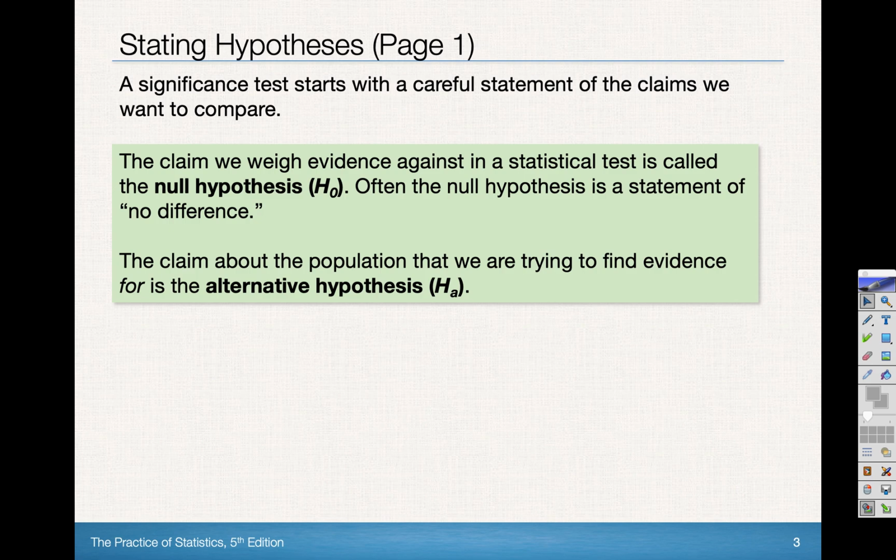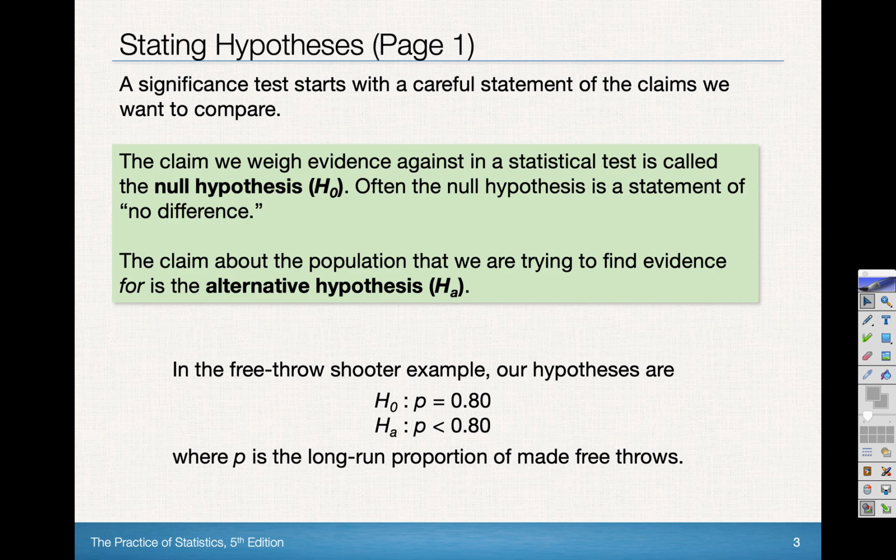An alternative hypothesis is where we're trying to find evidence against the null. Okay, now an alternative hypothesis could be one-sided, it could be two-sided. So in our example that we're going to be working through, I claim that I can shoot and make 80% of my free throws, and you as a class say, no, Mr. Walsh, I think you stink at basketball.